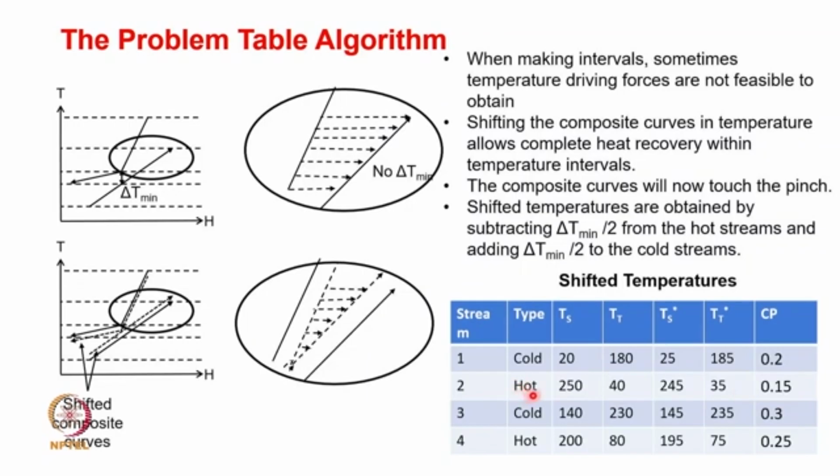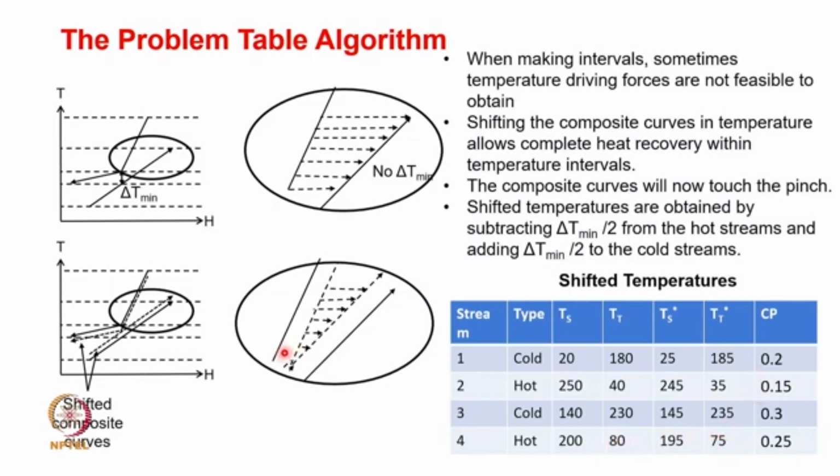For the hot streams, we have to subtract delta T min by 2, so 250 becomes 245 and 40 becomes 35. For the cold stream we have to add, so 140 becomes 145 and 230 becomes 235. For the hot stream, 200 becomes 195 and 80 becomes 75.